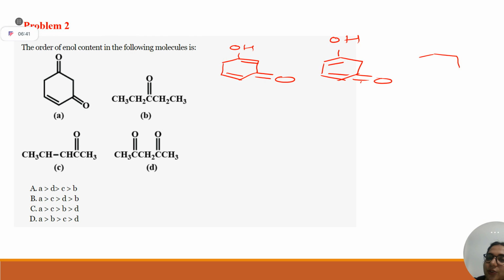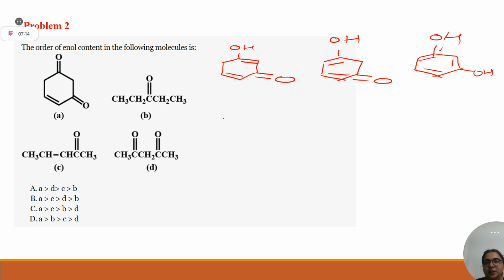This can also show 1-3 hydrogen migration, yes or no? Because the alpha carbon still has hydrogen. So another possibility is... clear? Yes, ma'am. On the basis of the ketoenol tautomerism definition, can I draw these three structures?